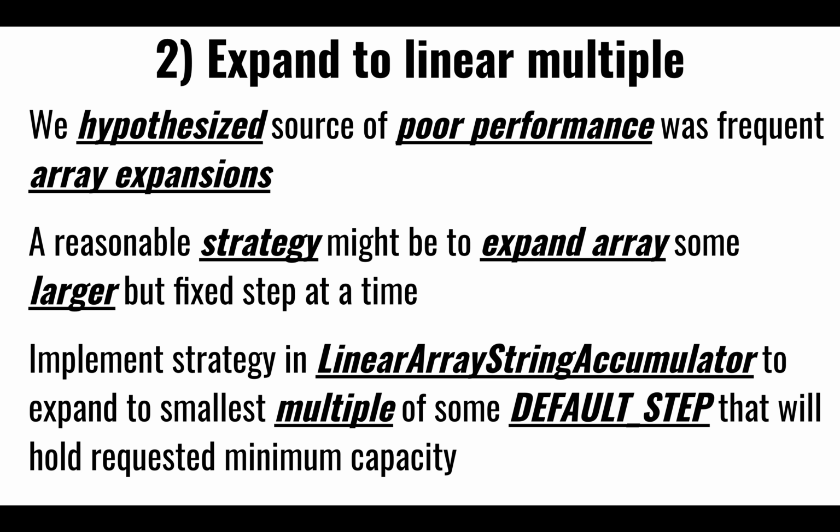How about we go a little further? Perhaps, as opposed to just asking for 1, the amount of size that we ask for grows linearly as the size of the array grows.